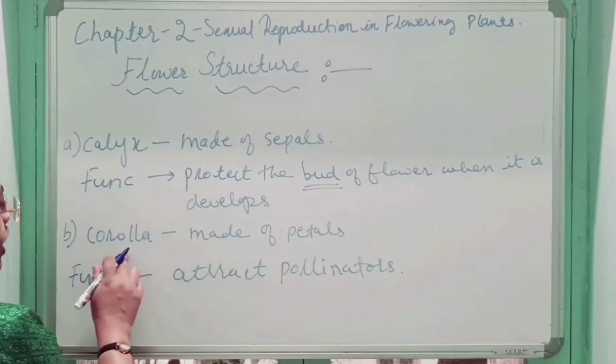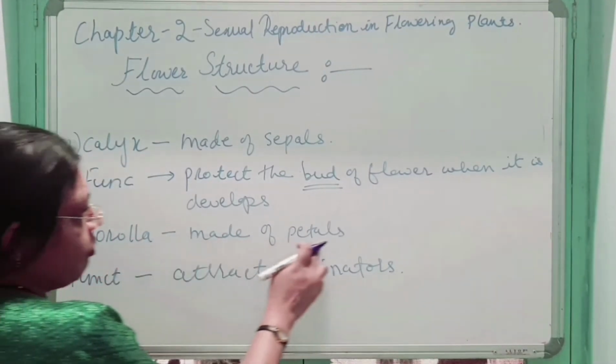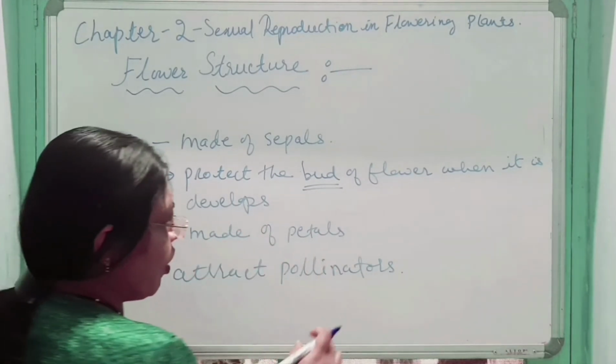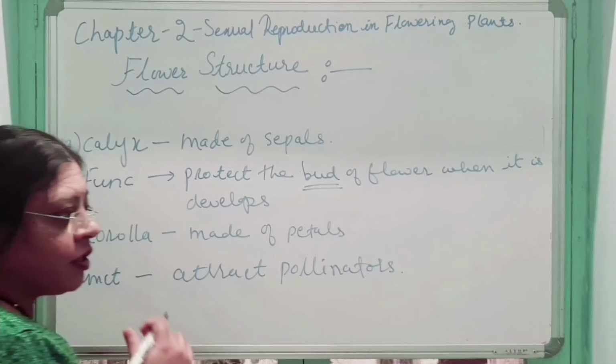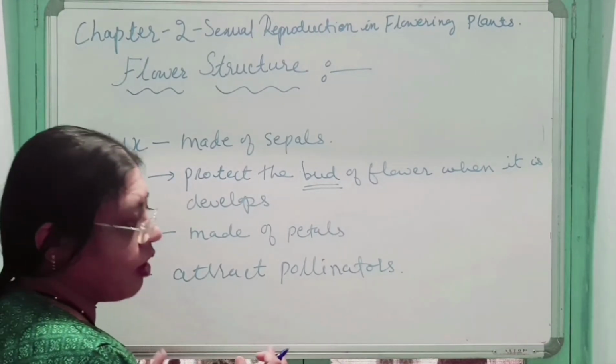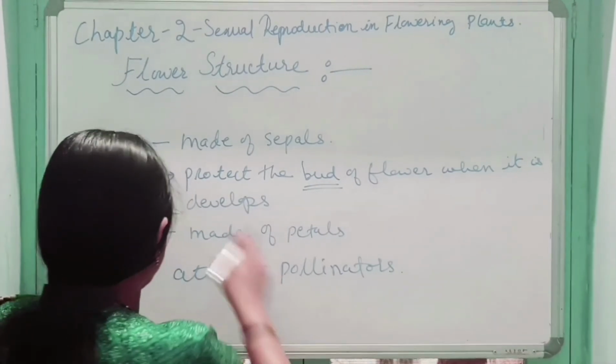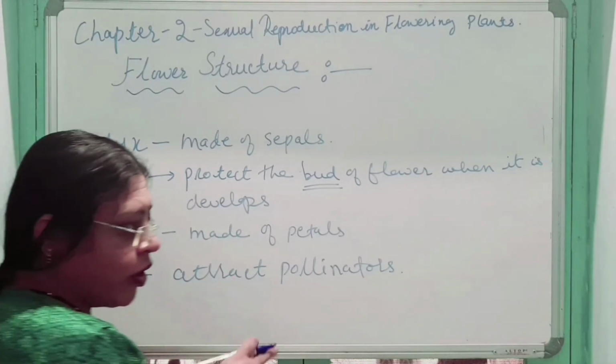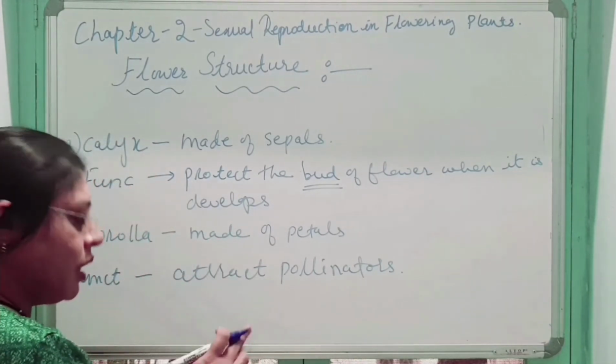And second, corolla, consisting of petals which are bright in colors, attracts the pollinator, which helps in dissemination of the pollen grains. So though they are not directly taking part in the reproduction, they are helping in reproduction.